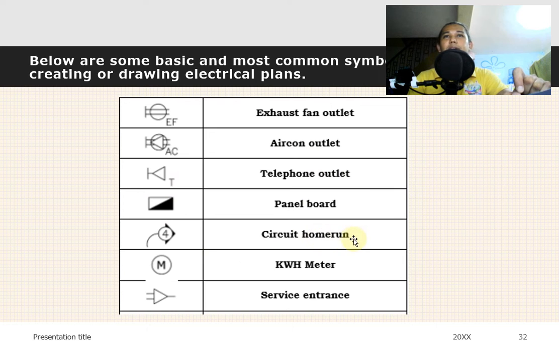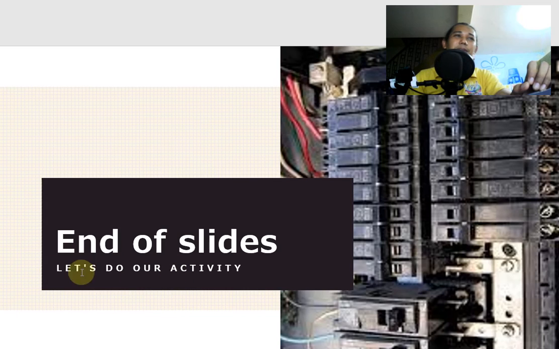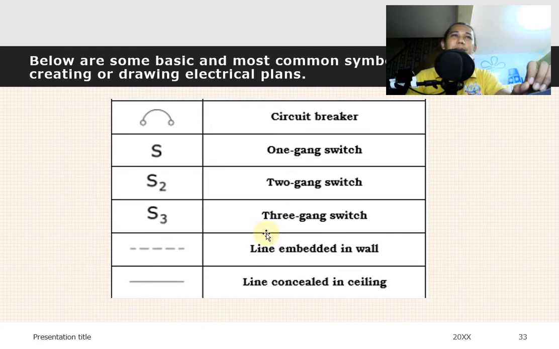We have also the circuit home run, yan. The kilowatt-hour meter, yan po yung sinusukat ng Meralco yung current, or dyan nalalaman kung magkano ang ibabayaran nyo sa Meralco. Yan. And the service entrance, yung saksakan po. Kung meron po kayong hiwalay na saksakan, yun po yung symbol niya.